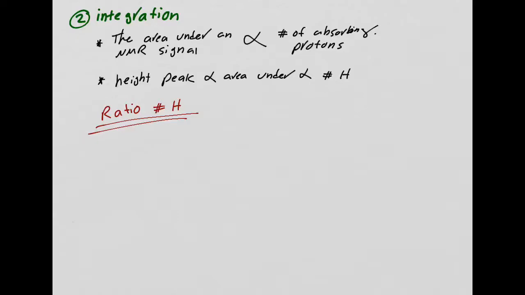I want to go over this one more time because I need to make sure you really understand this. So what are we calling right now? We're calling it integration. And what is integration? Integration is basically the ratio between the hydrogens. It is not absolute, it is just a ratio.